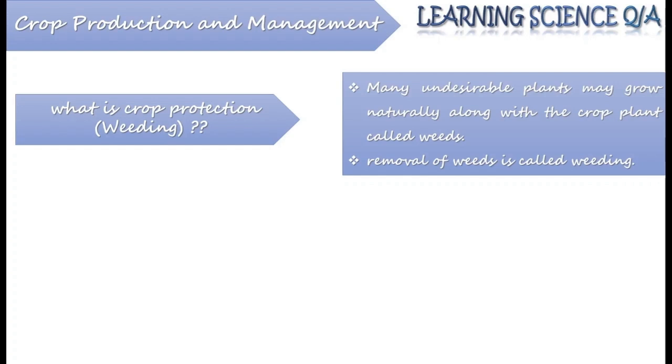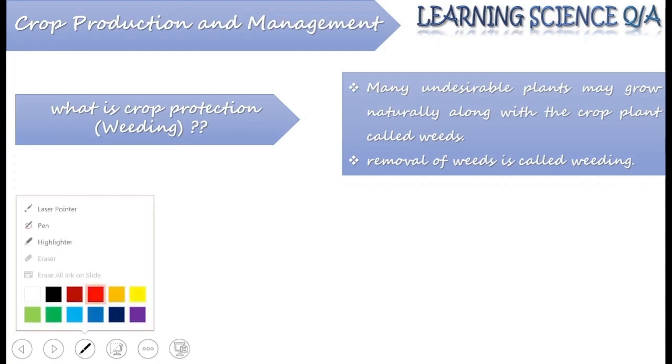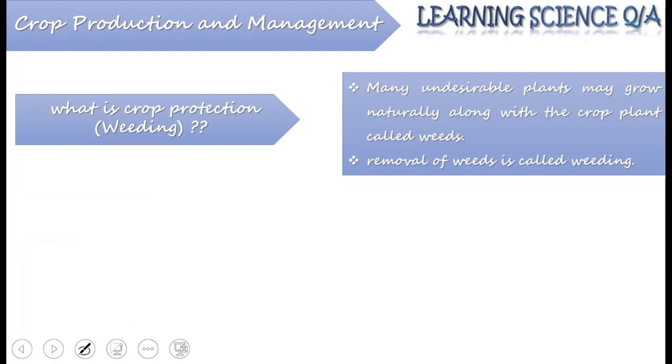Now, weeds are undesirable plants that you have not planted, that grow naturally along with the crop plant, and they share nutrition with your crop plant. These plants are known as weeds. So crop has to be protected from these undesirable plants. Removal of these undesirable plants from your crop plant is known as weeding.